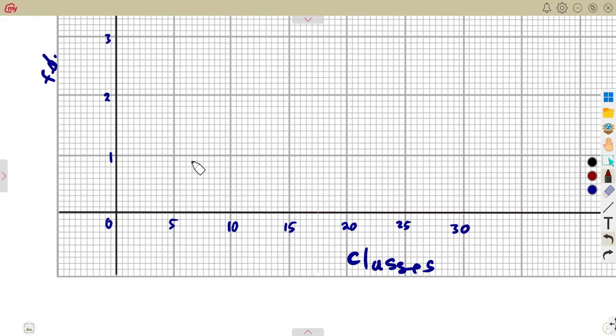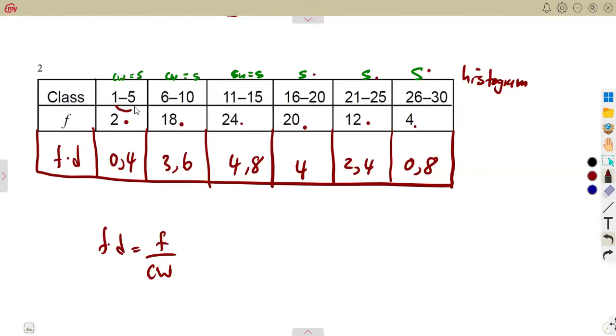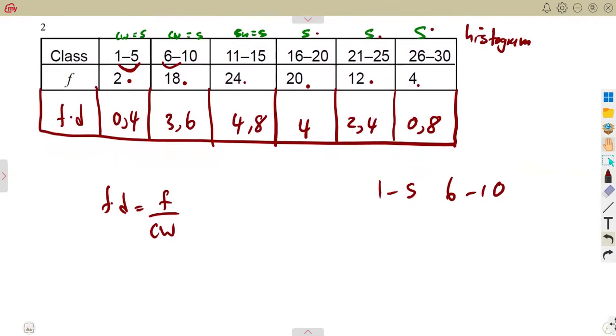The first class is given as 1 to 5, then 6 to 10. They are not in contact. So you can start at the 1 that you're given, but you don't end at 5, you end at 6.